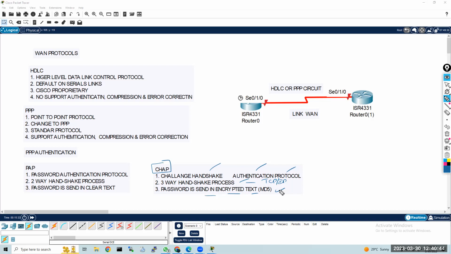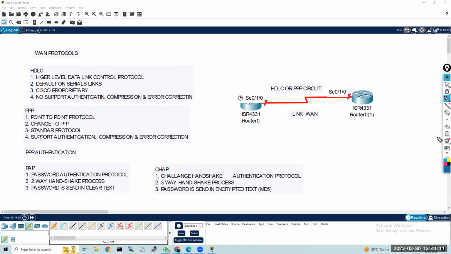If you talk about the difference, PAP is clear text, it's not secure, and the authentication is formed in only two ways. CHAP is more secure than PAP. CHAP is more authentic.